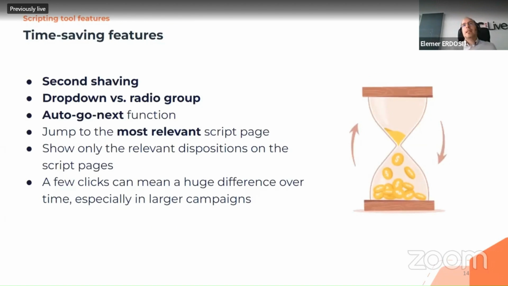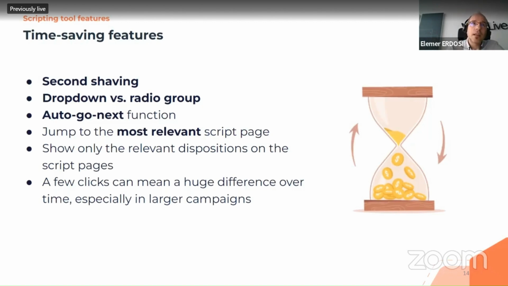Furthermore, we already talked about how seconds are always important, and second shaving. What do we mean by that? These days, I know there are some supervisors among you, and I was one as well. AHT, average handling time, is crucial.